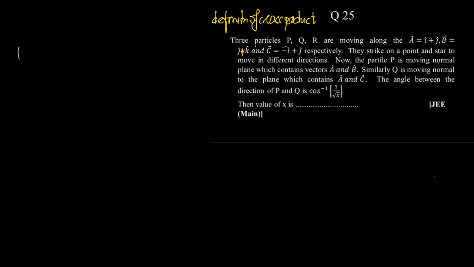It says that P is moving normal to the plane containing vector A and vector B. So what's the concept?